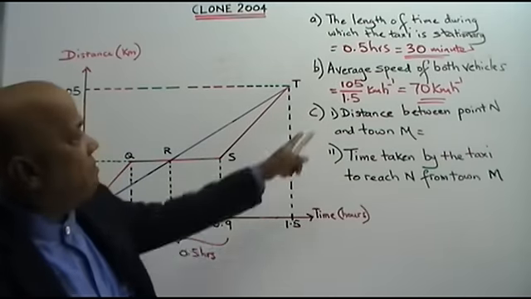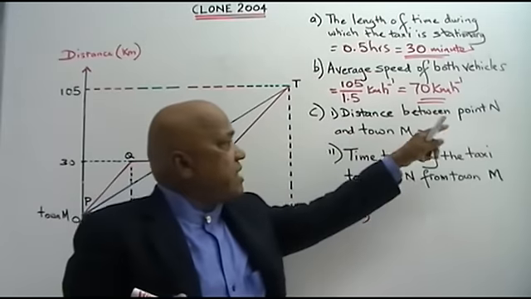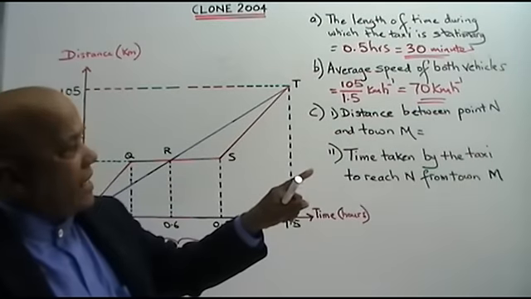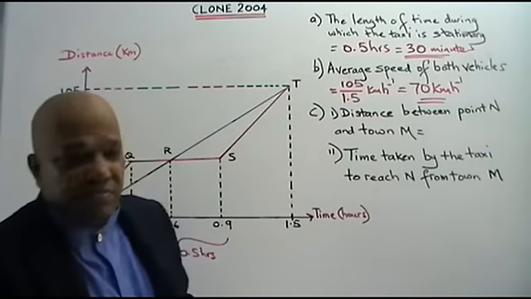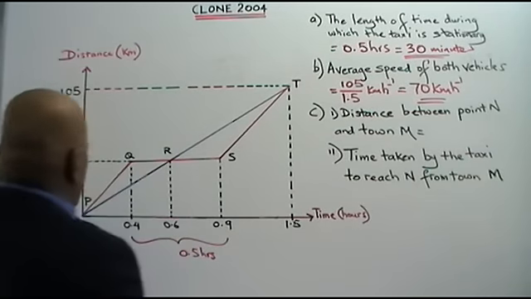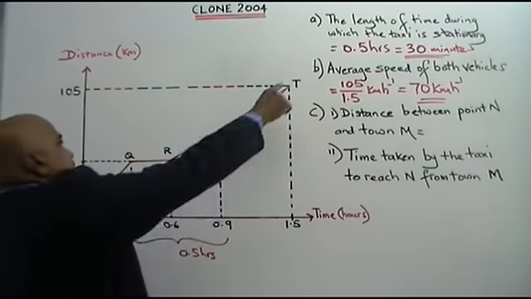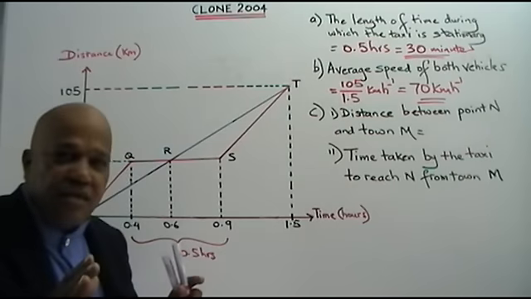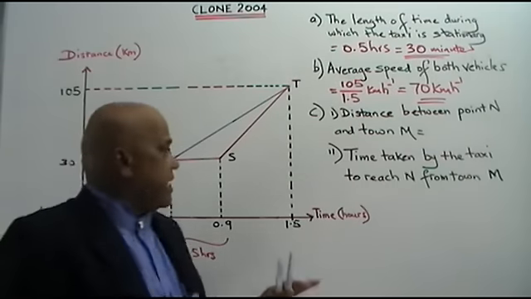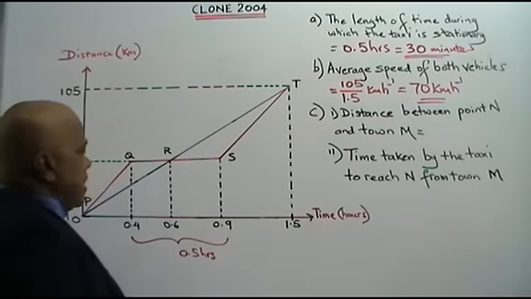Okay. Part C. You're asked to find the distance between point N and town M. Now, watch very carefully. If you look at the graph of the taxi, the taxi reaches point N and waits there and stops there. And it stops for 30 minutes. Okay?